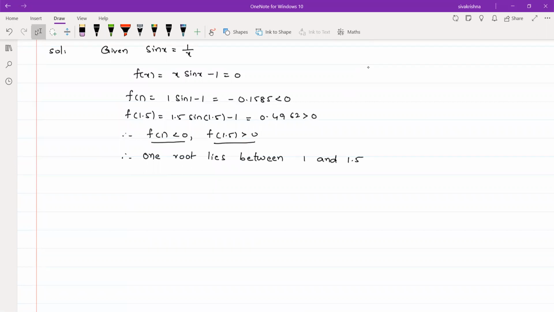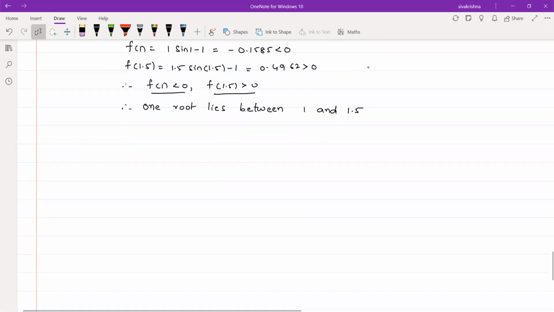So now I am going to calculate the first approximation. It is denoted by x1, and it is the average of the numbers which have opposite signs. Since f of 1 and f of 1.5 have opposite signs, we find the average of 1 and 1.5.